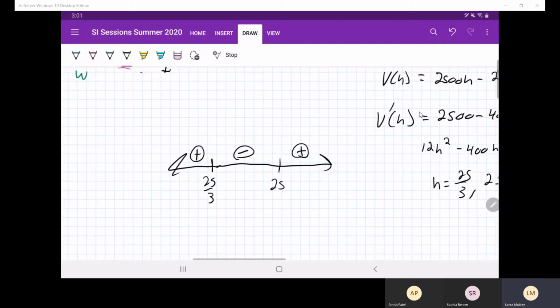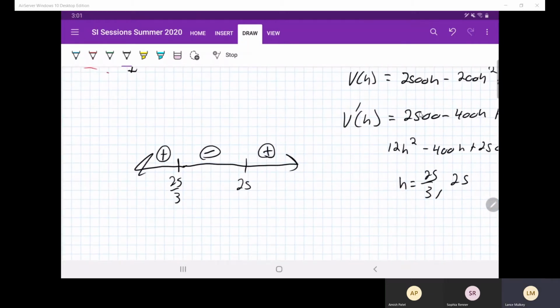All right, so now what do we know about going from positive to negative? This means a local max, local min. Okay.